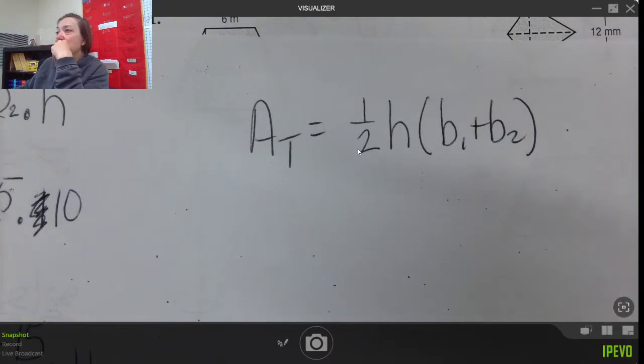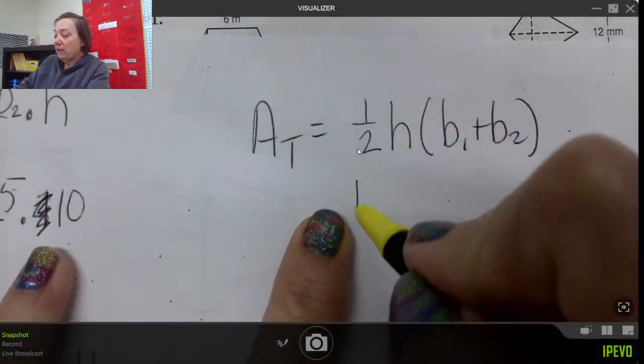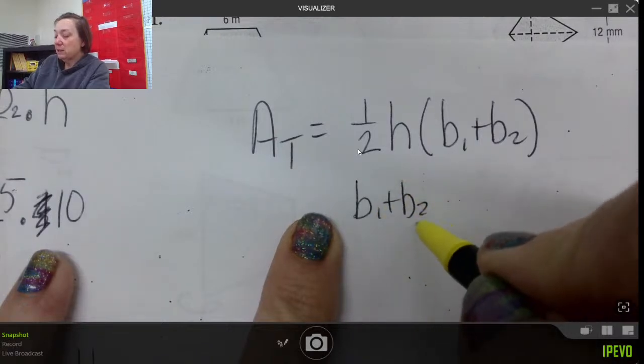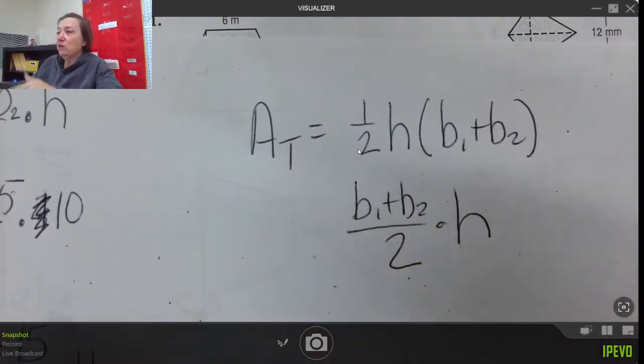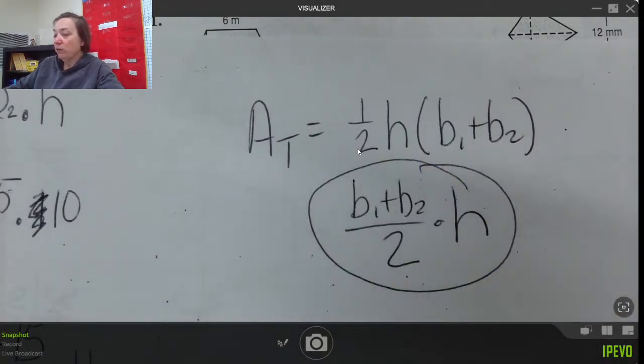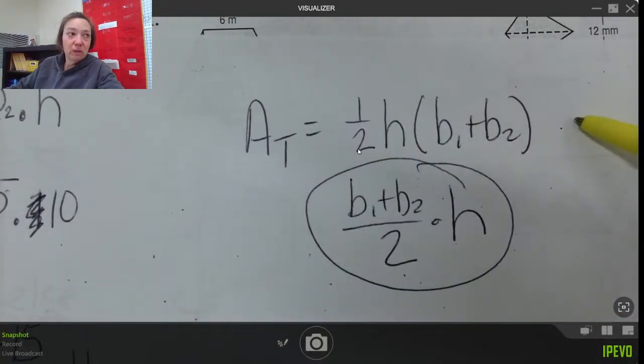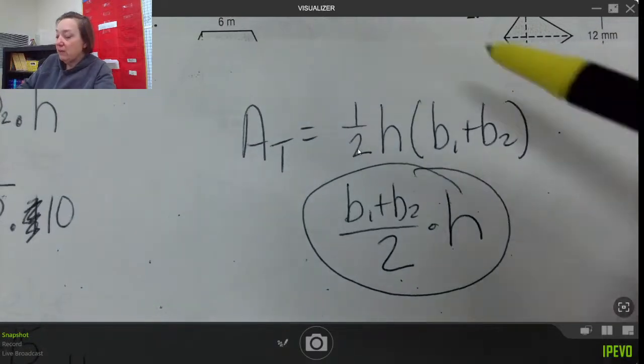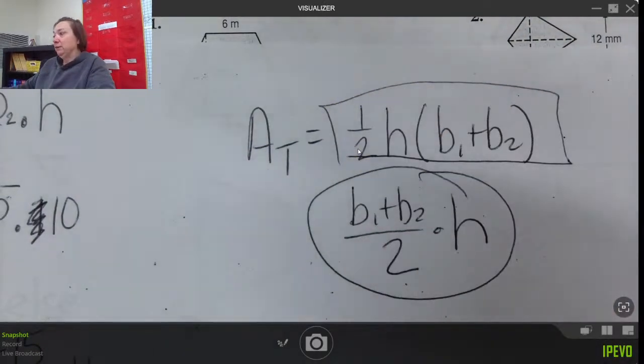That's what you'll see in a textbook. But all they're doing is finding the average base and then multiplying by height. This makes so much more sense to remember. Y'all see what I'm saying? So if you see this anywhere, don't say, Miss Martin, that's not the right formula. It's the same thing. I just manipulated the formula to make it make more sense for you.